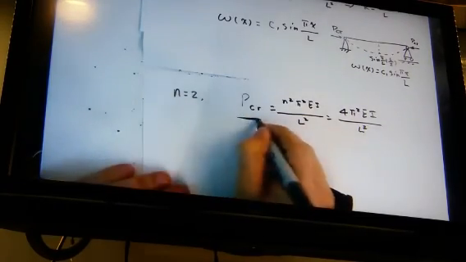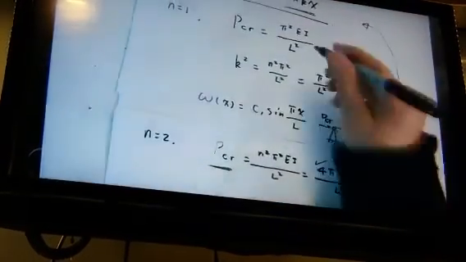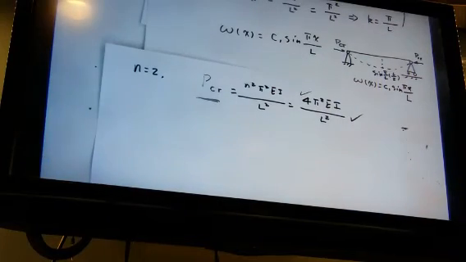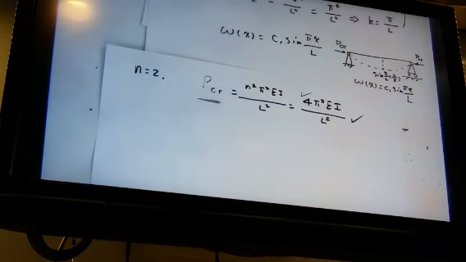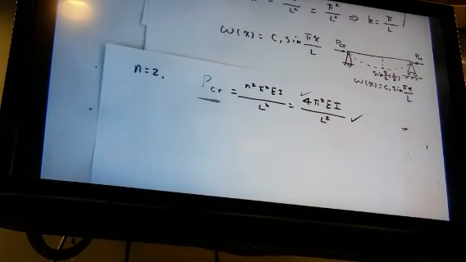For n equals 2, this value is 4 times the first one. That means if you want a higher buckling mode, you have to increase the loading significantly, at least 4 times larger than the first one.